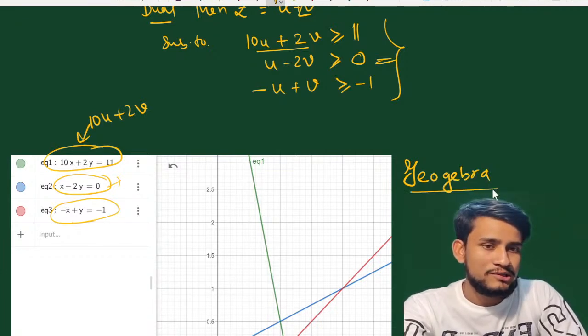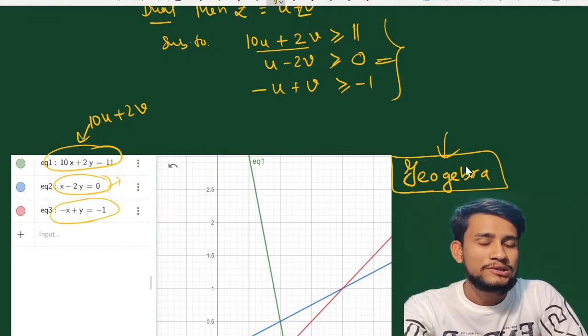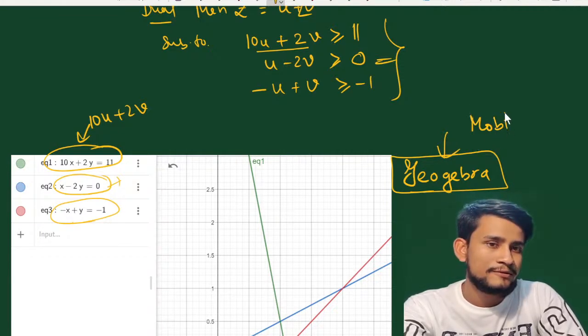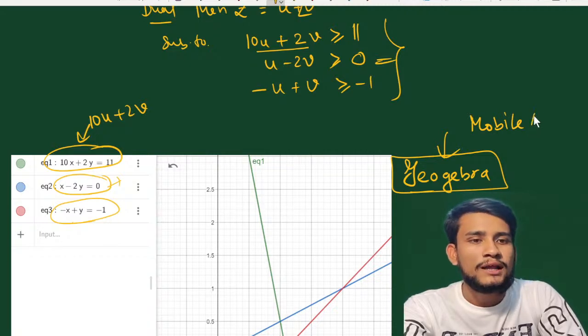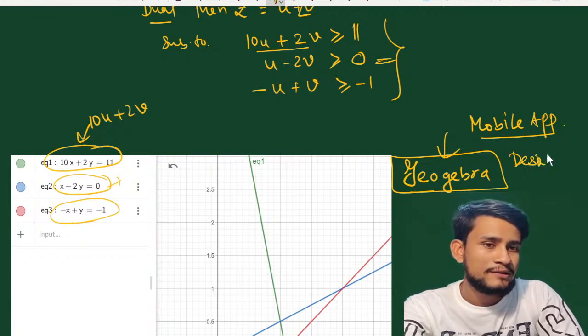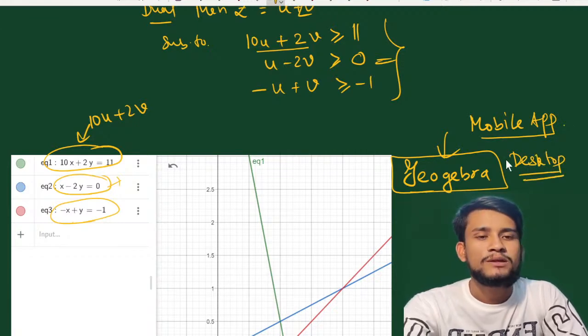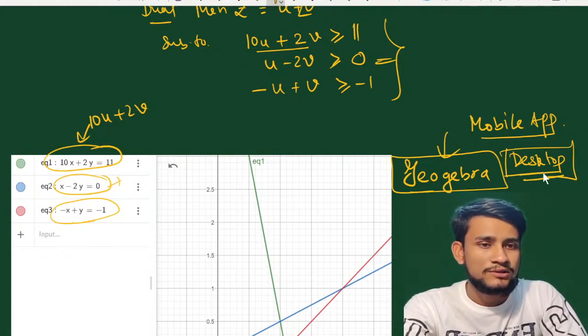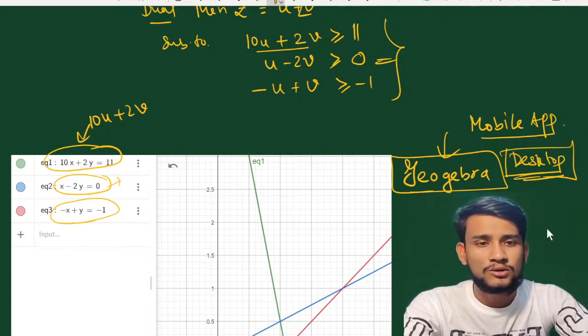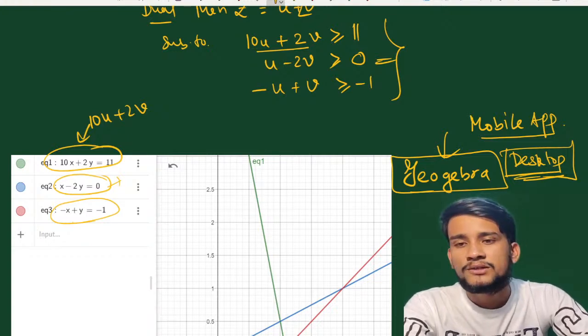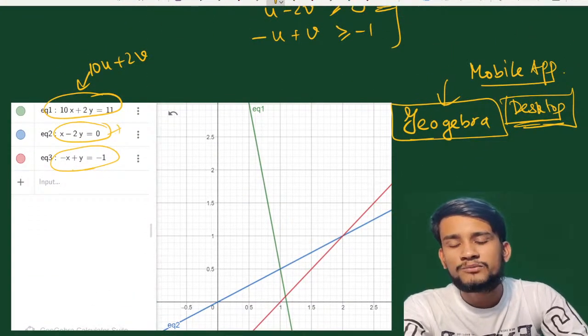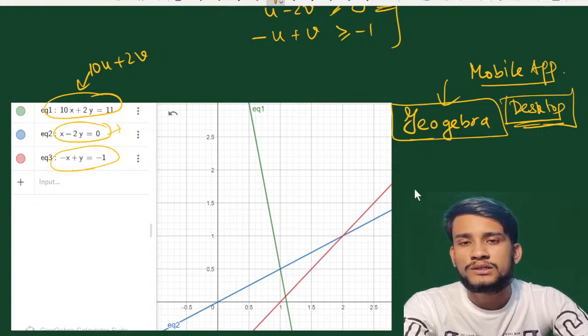I always use GeoGebra for graphs. You can get the mobile app, and you can use the desktop version, that is the website. You don't need to download any software, you just use Google Chrome or any other browser. So this is the graph of the given problem.